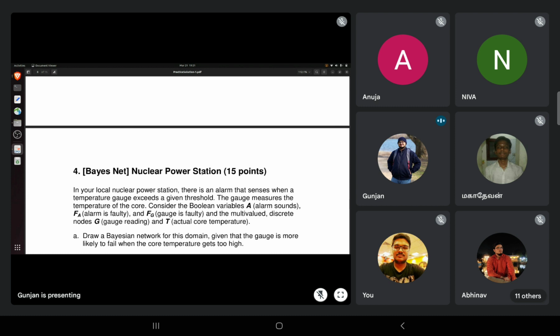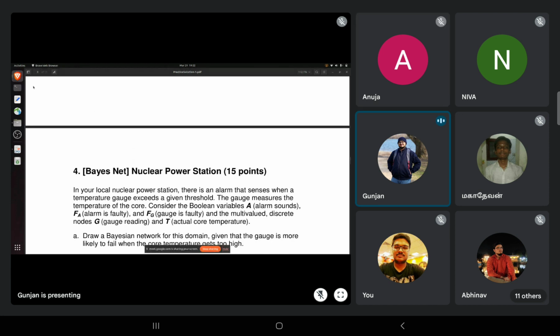So I think A will be the ultimate child, the last child. So does G depend on FG, or does the alarm depend on G? What can you say? So you have alarm depends on G.